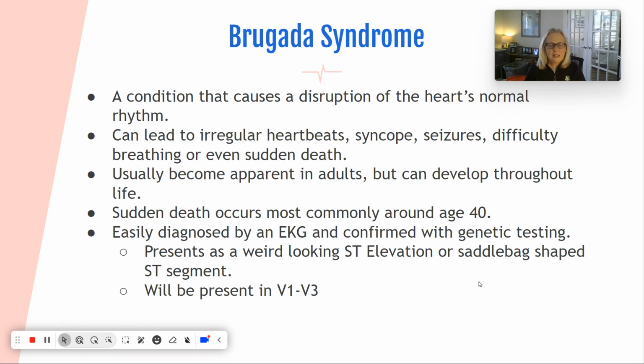So it causes a disruption in the heart's rhythm that leads to irregular heartbeats, passing out, seizures, difficulty breathing, even stops the heartbeat. It doesn't come till later in life; it becomes apparent later. He was having some symptoms: chest discomfort, a little dizziness, shortness of breath. And he's very active, very athletic, actually a hardcore tennis player.